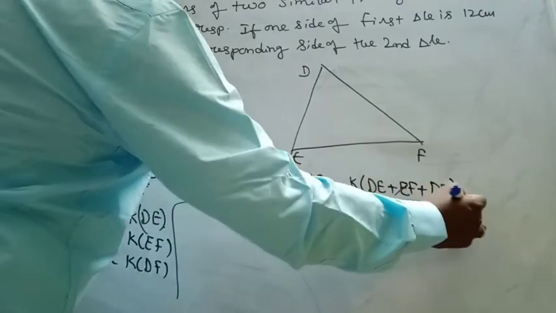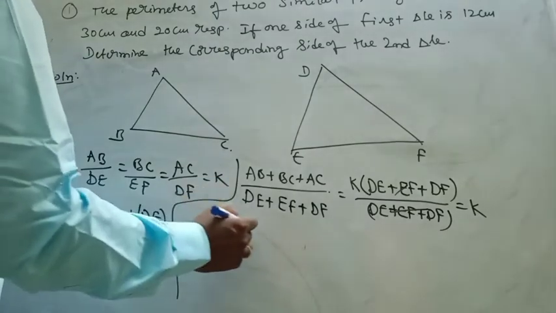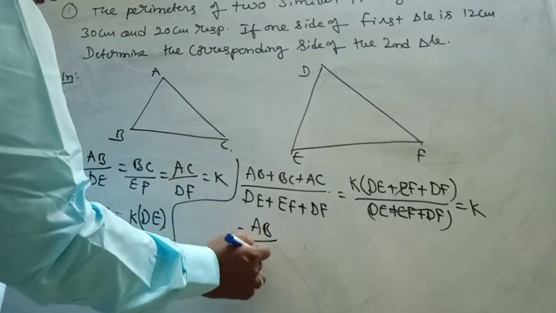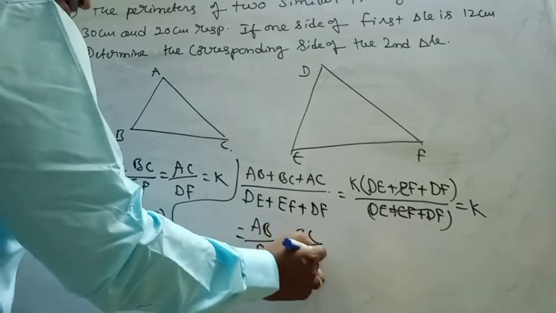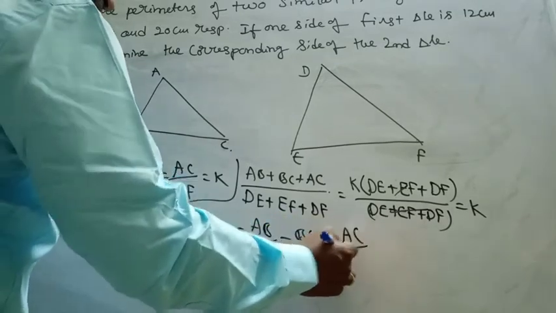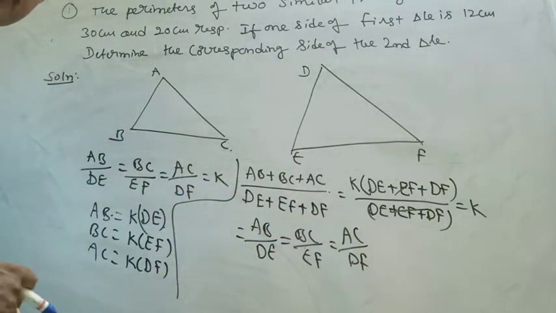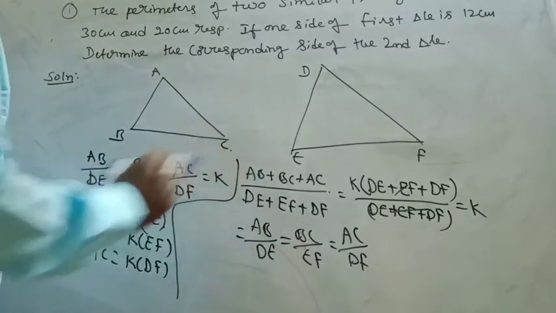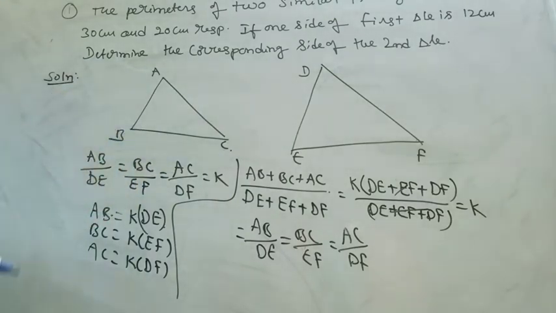This cancels, and you have K. That means K is nothing but AB by DE, equal to BC by EF, equal to AC by DF. That means the ratio of the sides is equal to the ratio of their corresponding perimeters. That is the point I want to mention.